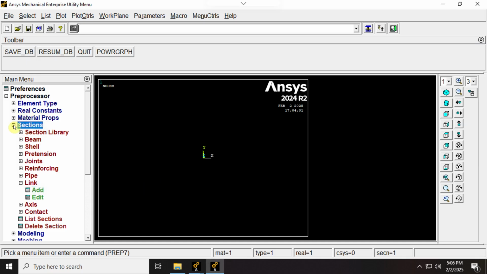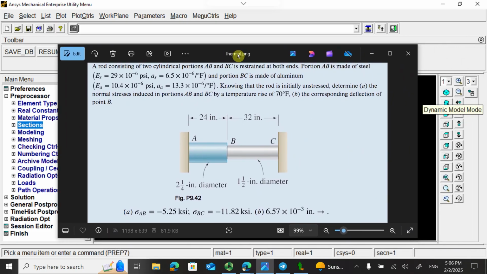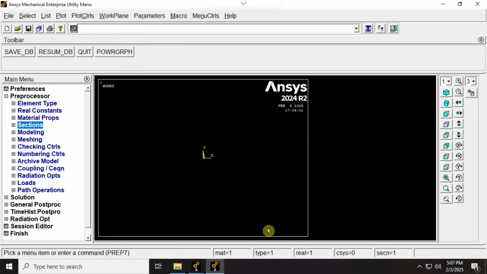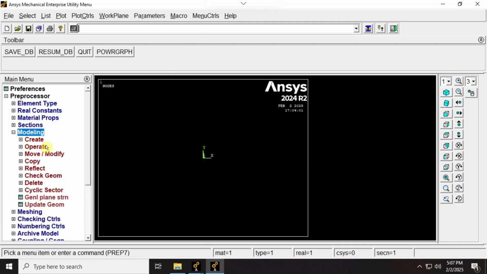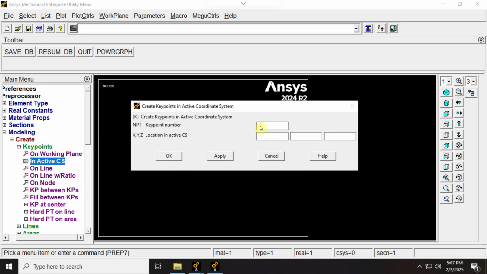Now we have to model the rod. The steel segment is 24 inches long, and after that we have 32 inches of aluminum. So we are going to define 3 key points. Key point 1 is 0, 0, 0.